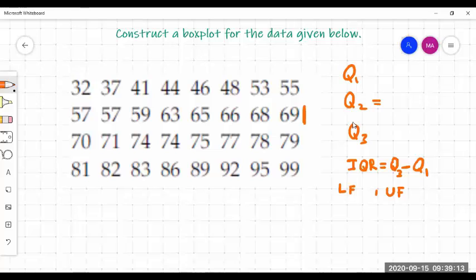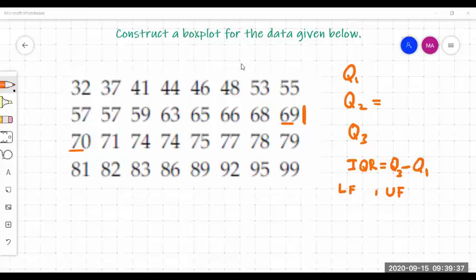So between 69 and 70, this line divides 16 values before it and 16 values after it. So to find this, we take the average of these two values.